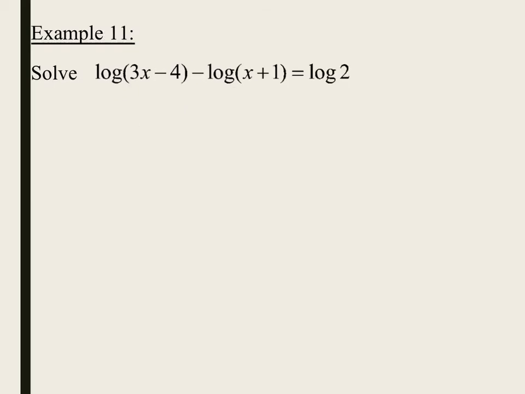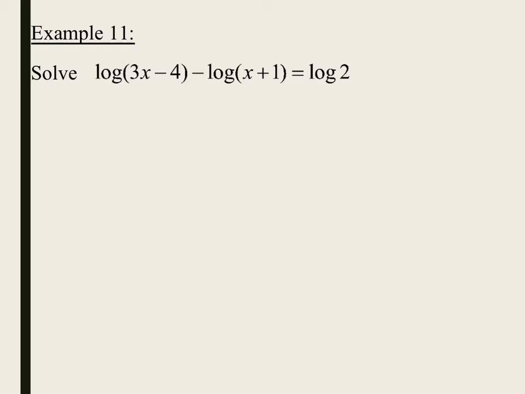So now let's look at this solution here. We have the logarithm of 3x minus 4 minus the log of x plus 1 equals log 2. Now everything has the same base, but we have a logarithm minus another logarithm, and we know exactly what to do with that with the rules of logarithms.